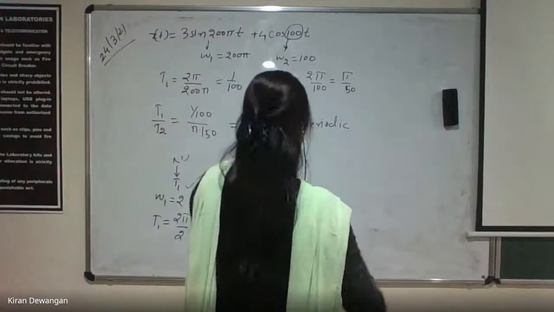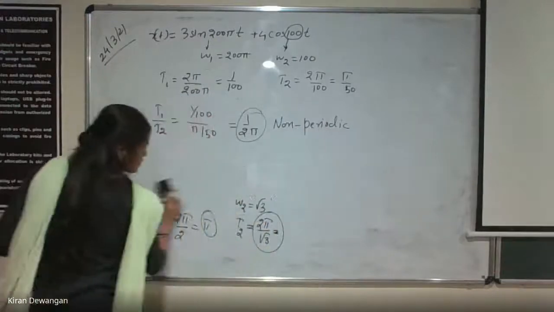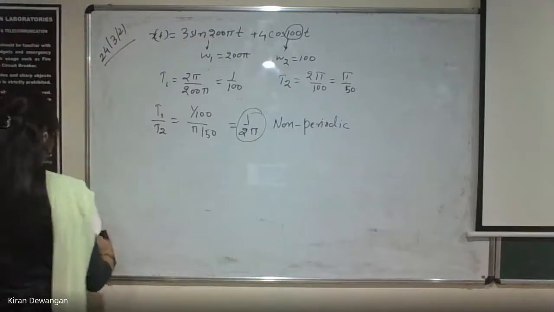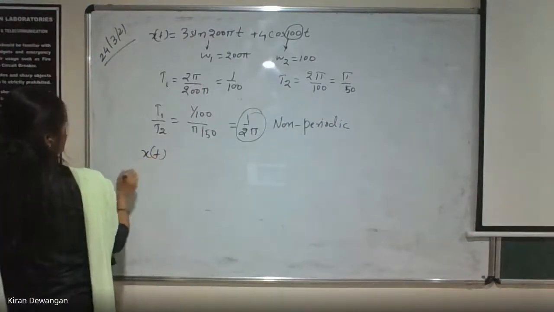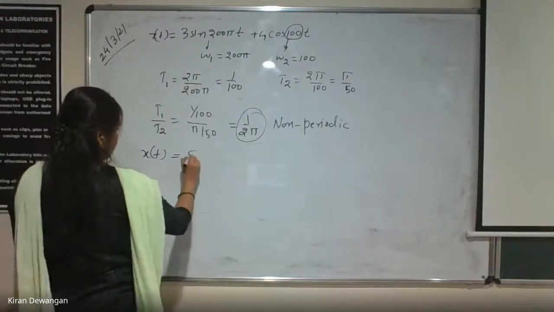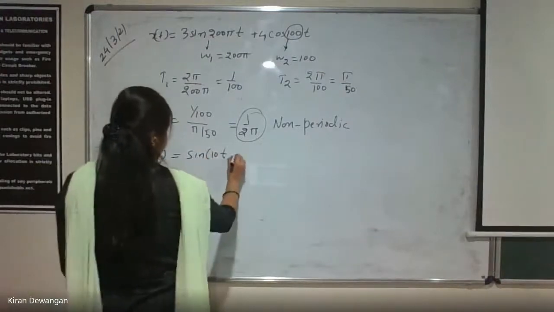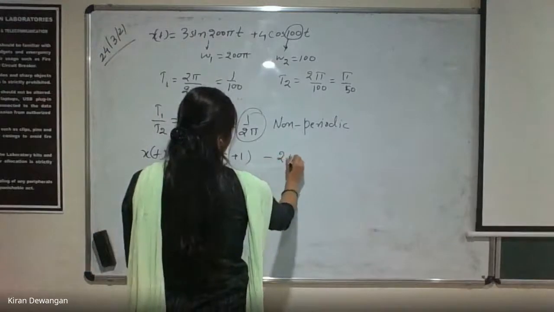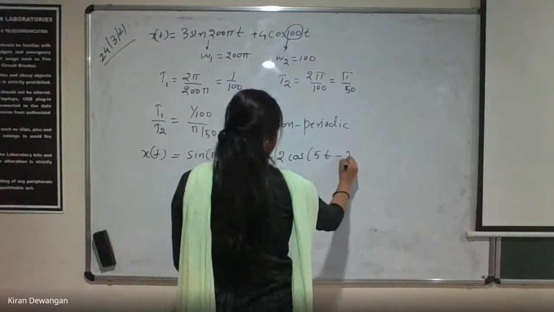If I take x(t) equals sine(10t plus 1) minus 2 cos(5t minus 2).